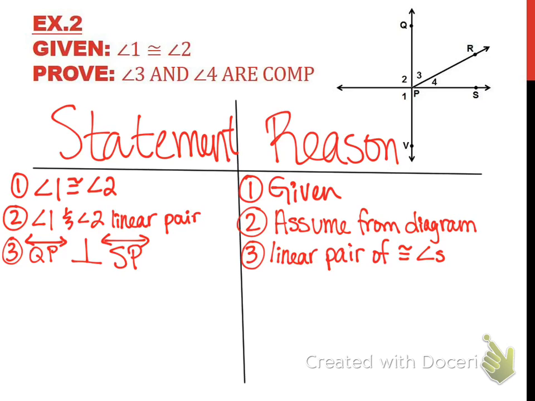There's one other step we could throw in here about angles 3 and 4 before we do our prove statement. I don't know that I would necessarily require it, but what could we say about angles 3 and 4 right now? They're not congruent.